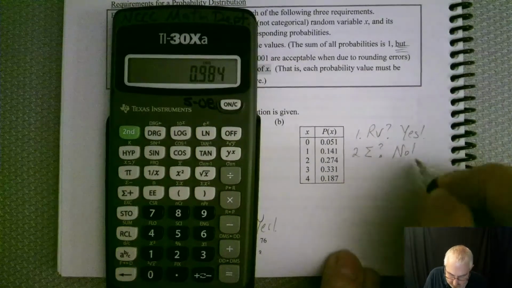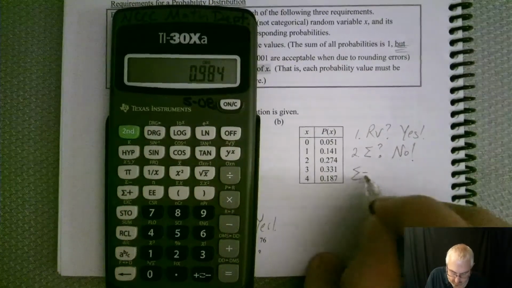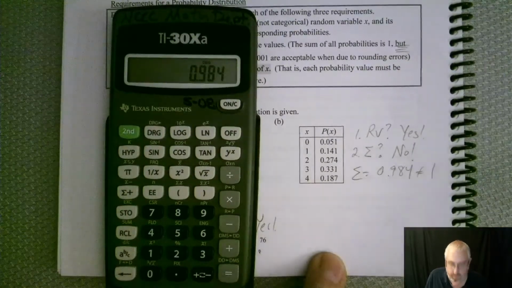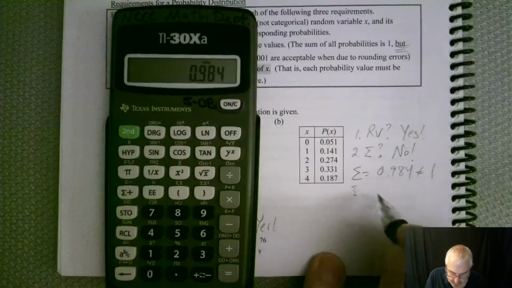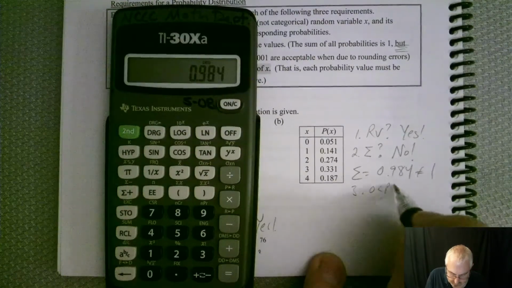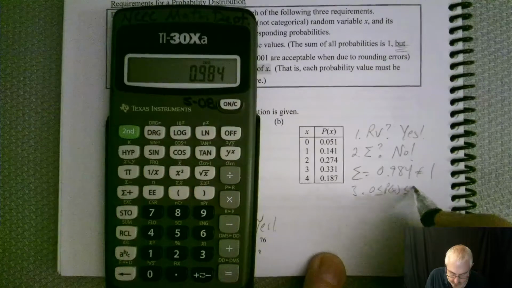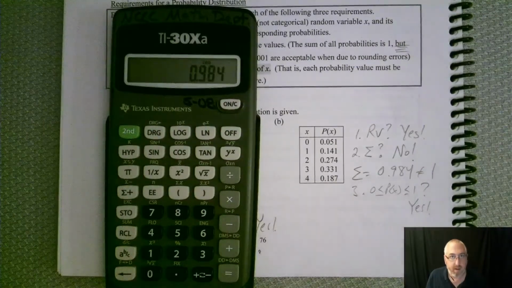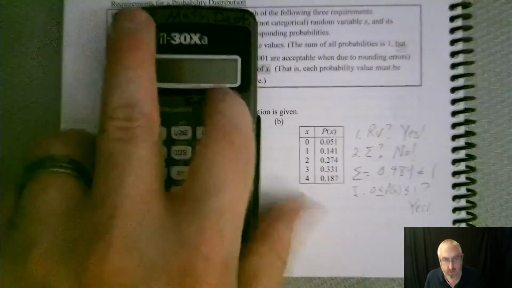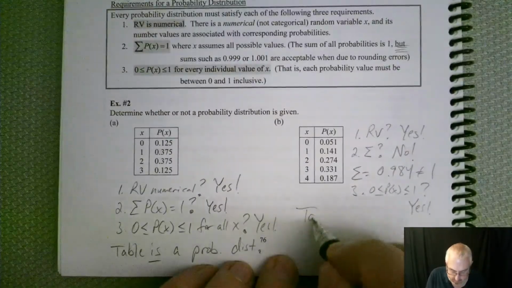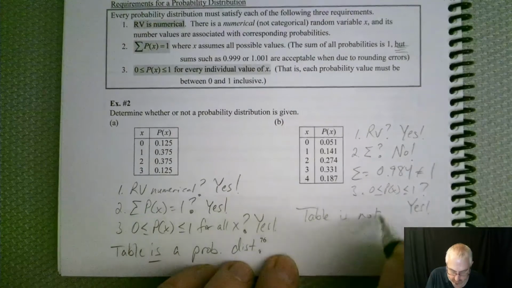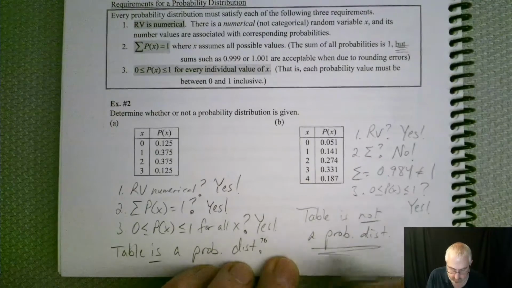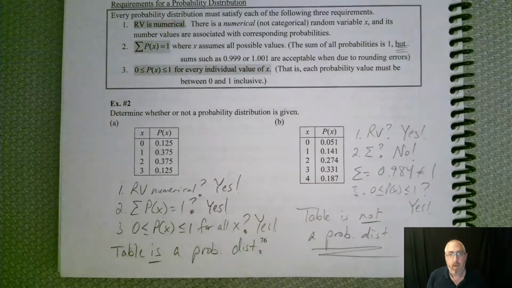That's a no. The sum equals 0.984, so it's not equal to 1. Now the third one, 0 is less than or equal to p of x, less than or equal to 1, that's a yes. But if 1 fails, it completely fails. So in this case, the table is not a probability distribution.